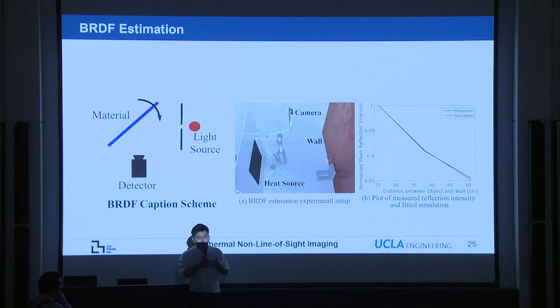Or there's a simpler way, with a known heat source at known locations. And we can simulate the exact same scene and tweak the parameter of the surface reflection so that the simulated result matches the measurement. In this paper, we use the setup on the left to get an accurate estimation of the roughness parameter alpha, and the setup on the right, the simpler setup, to estimate the albedo of the wall.